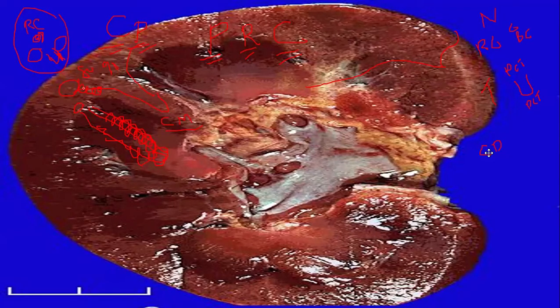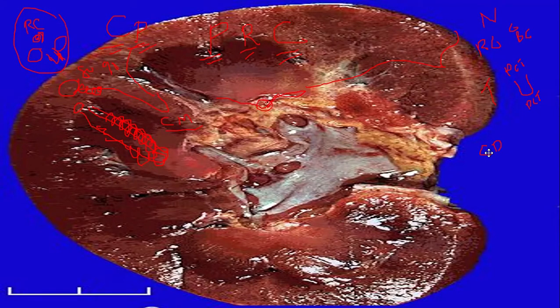So therefore, in the renal column of Bertin, expect that you will all be seeing these things here. In the medulla, expect only to see the loop of Henle. What is the most pointed portion here in your medulla? The renal papilla, before it enters the minor calyces.